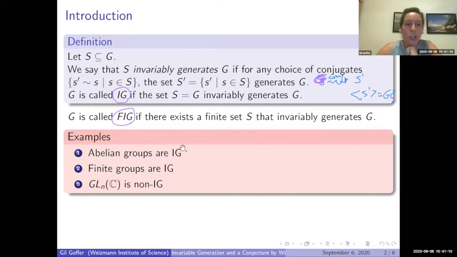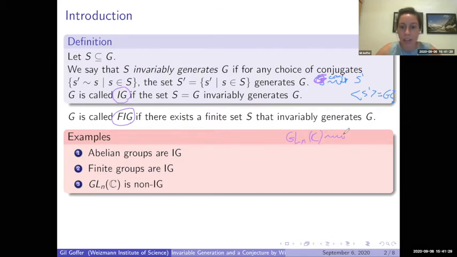Let's view one non-example. A non-example would be GLNC, and the reason is the following. Let's say I take as S the entire group, so that's GLNC. And now I independently conjugate the elements. I claim that I can conjugate all elements inside a proper subgroup. What can this subgroup be?